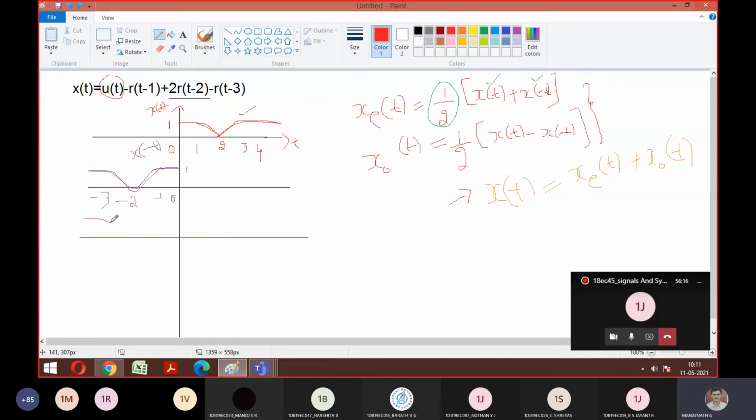So this is your addition with respect to the even function, x of t plus x of minus t. But exactly what the formula says is 1 by 2 times. So 1 by 2 means what? With respect to my amplitude, I should divide by 2. So the signal which was starting at 1 will come where, guys? 0.5.